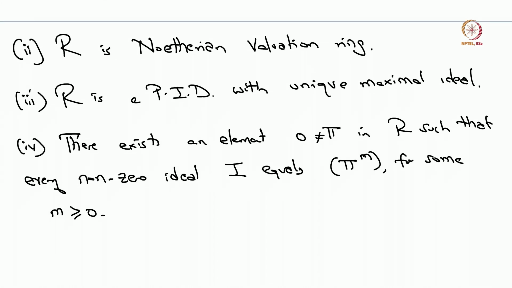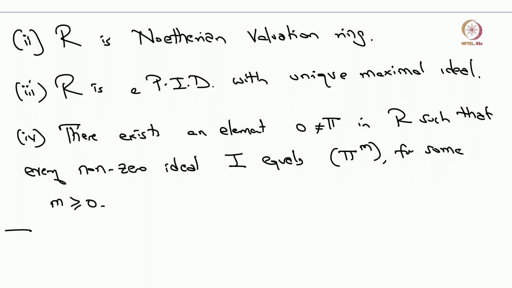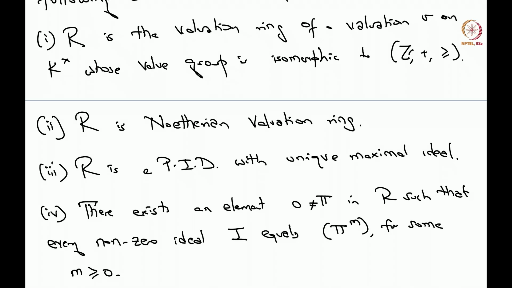These four statements are equivalent, and any ring satisfying one of these four equivalent conditions will be called a discrete valuation ring.